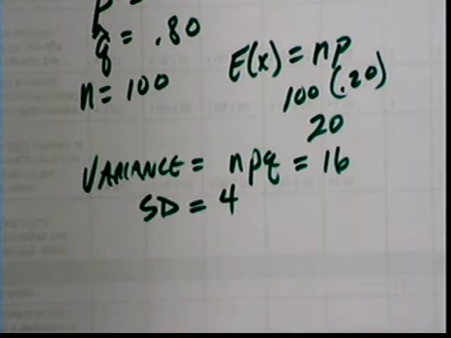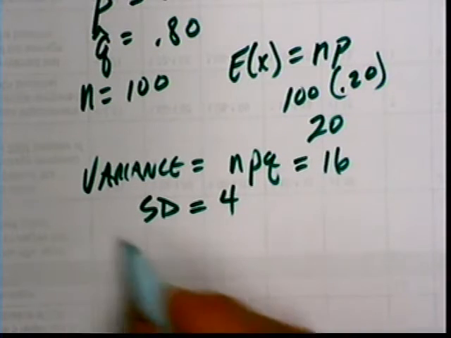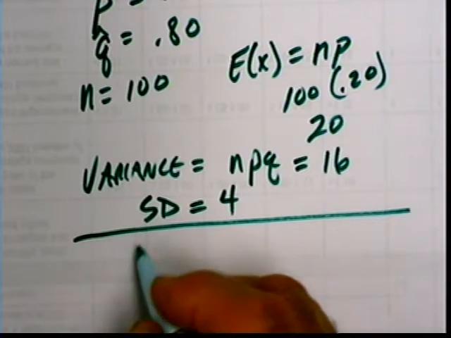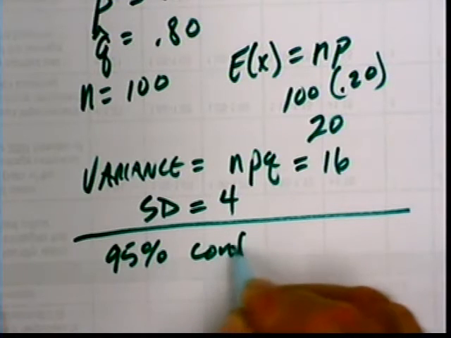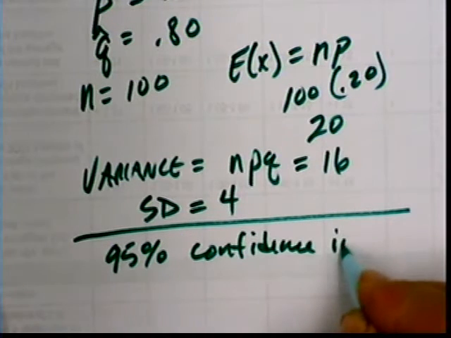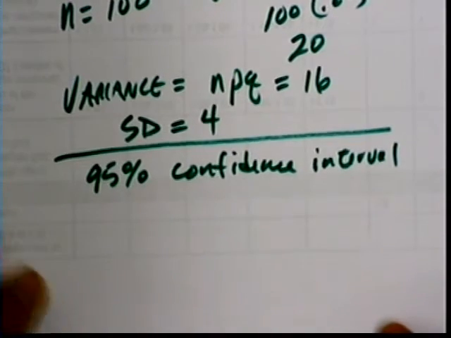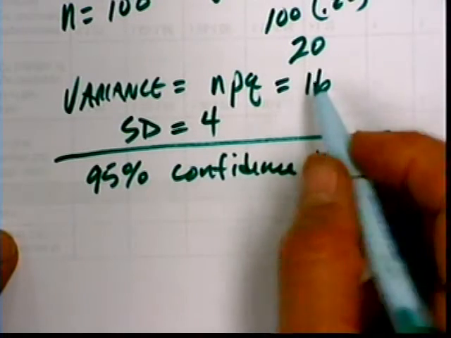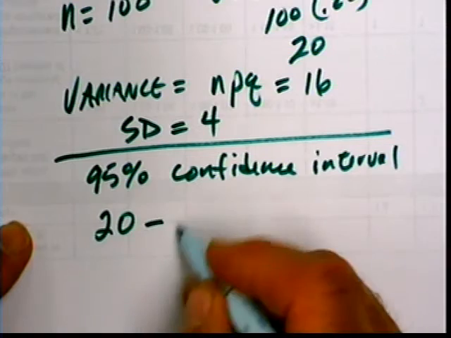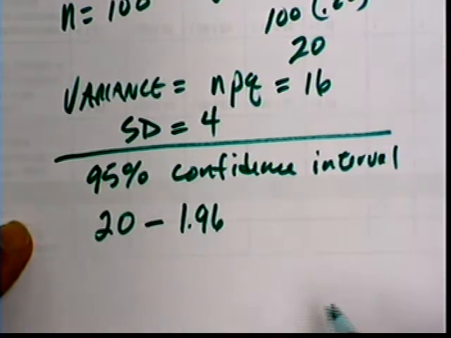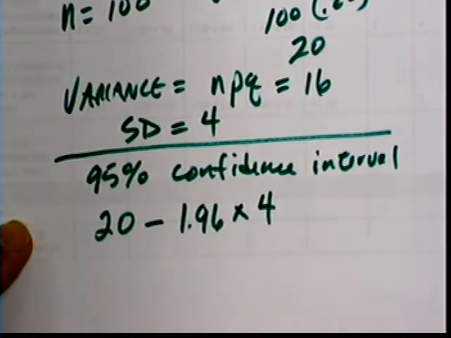Now, given this information, if we want to construct a 95% confidence interval, then the lower limit is going to be the mean, 20, minus 1.96 times the standard deviation.